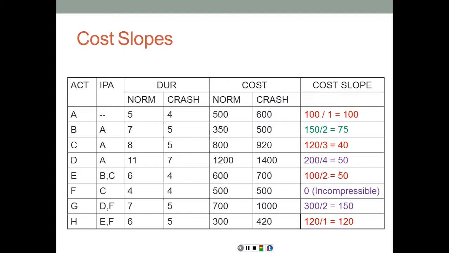Looking at the numbers again. Activity D is $50. Activity G, quite expensive, $150. Activity B, 75, C, 40, but we have an activity F. For the first time now we have a critical activity that is incompressible, so we cannot compress activity F.